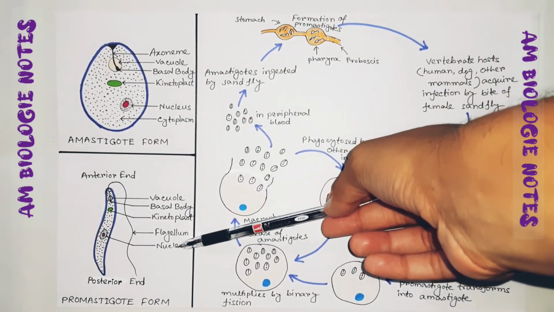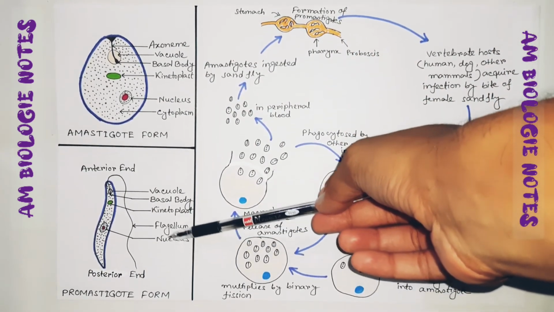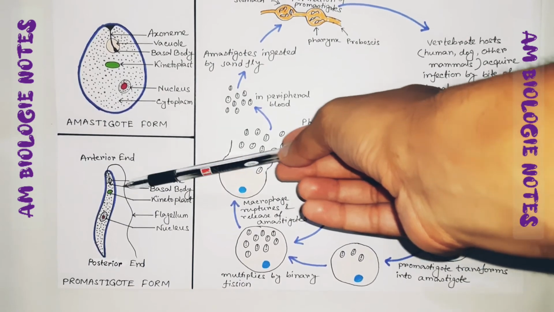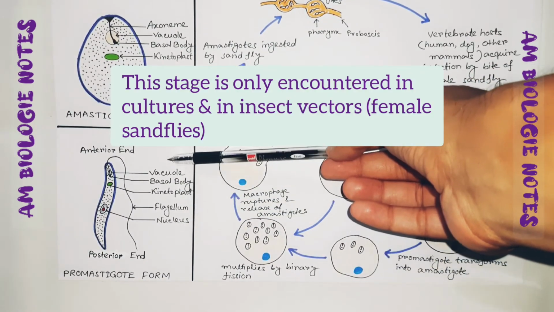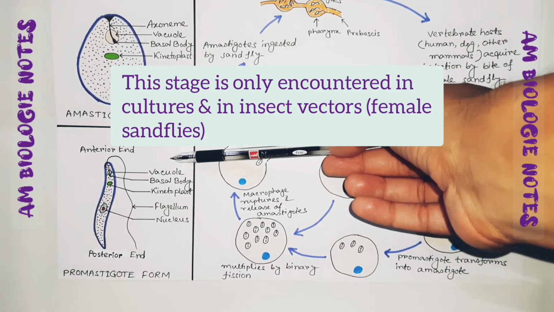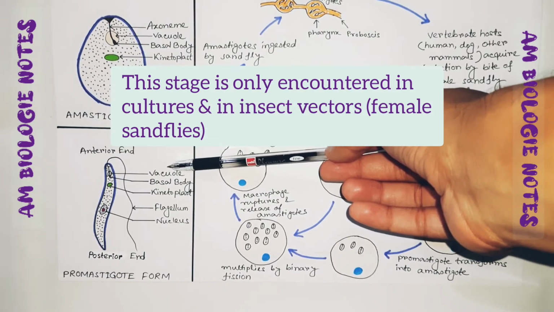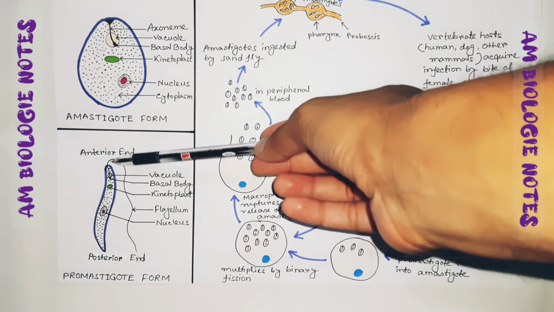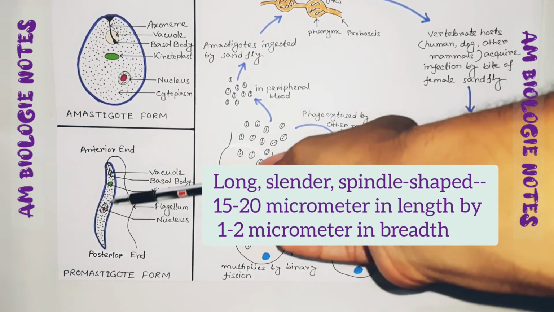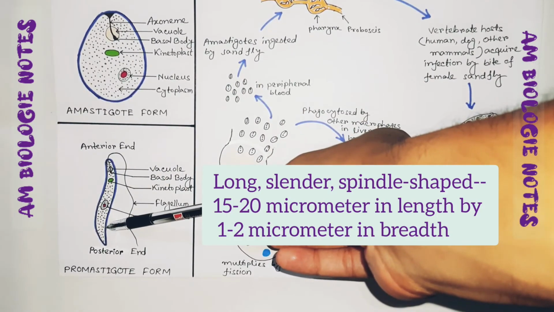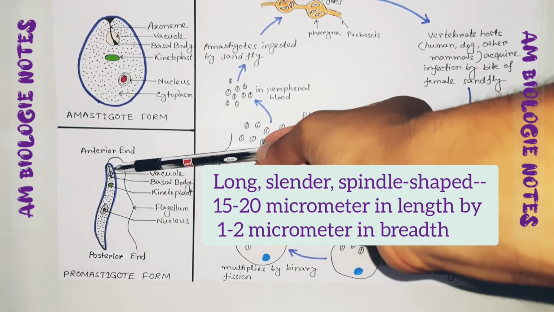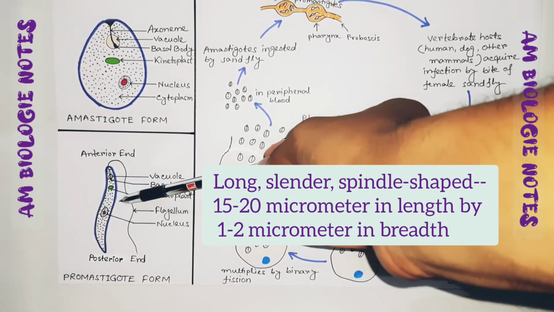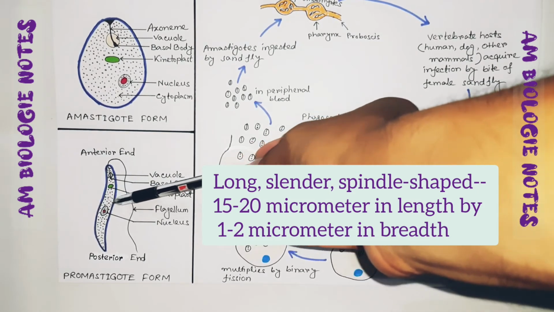This is the promastigote or flagellar stage. This stage of the parasite is only encountered in cultures or in insect vectors, sandflies. The fully developed ones are long, slender, spindle-shaped bodies measuring 15 to 20 micrometer in length by 1 to 2 micrometer in breadth.